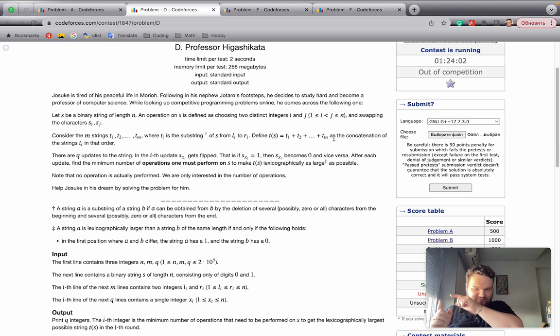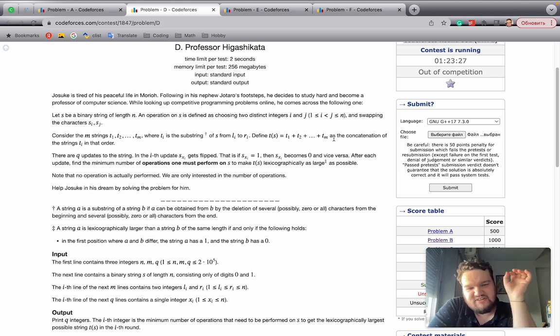On positions where there are already ones, it's all good. On positions where there are zeros, we need to swap that zero with some one from the suffix. And we know that we have a one in the suffix because the total number of ones is correct. We have chosen the length of the prefix to be the total number of ones. So the answer would be just the number of zeros on that prefix.